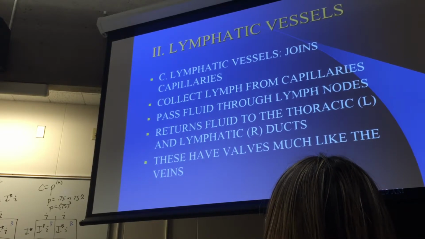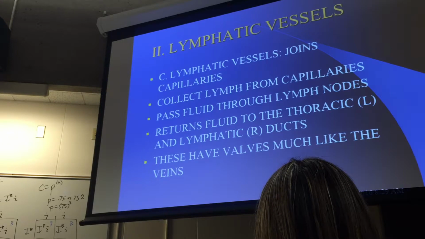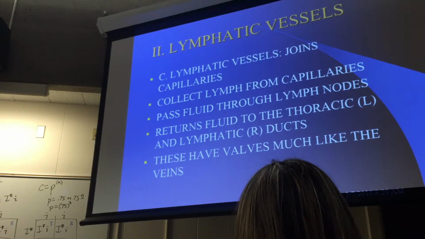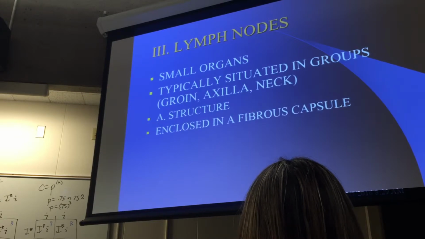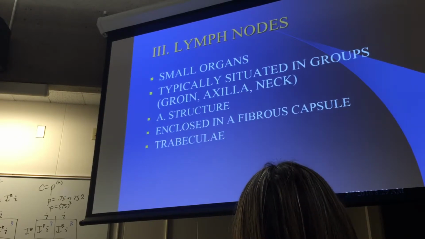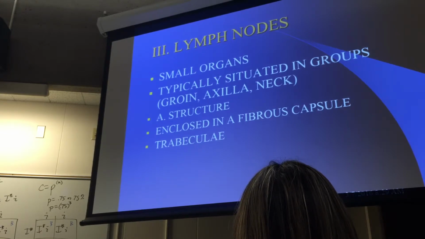The lymphatic vessels have valves just like the veins have valves. All right. Lymph nodes, small organs. I already told you they're typically situated in the groin, axilla, or neck region. Axilla is axillary, that's the armpit.